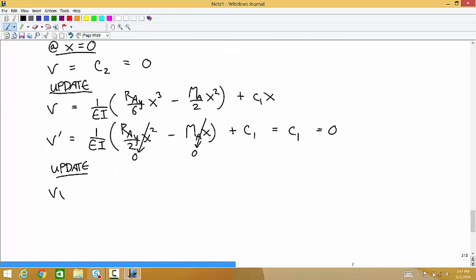update this function. And it says V as a function of x is equal to 1 over EI times the quantity RAY over 6 x cubed minus MA over 2 x squared.